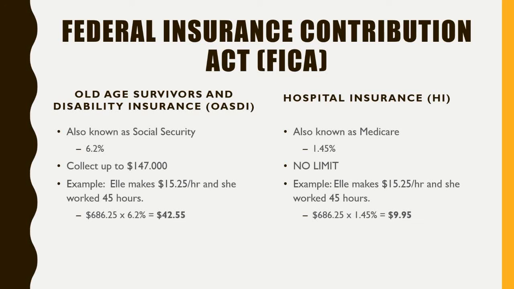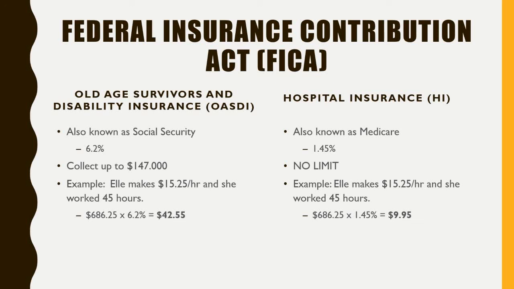So in this case, if L earns $686.25, you're going to multiply that by 1.45%, which is going to give you $9.95 per paycheck. Don't forget, this isn't for the year. This is per paycheck. So if you multiply it by 52, because she gets paid on a weekly basis, that will give you a rough estimate of the annual amount you're putting into Medicare.